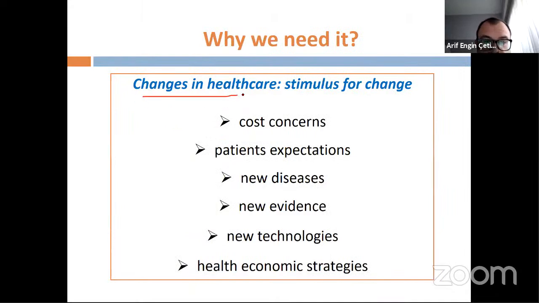So changes in the healthcare, maybe. These are the reasons that make us demand more POCT tests in the market, because there is a change in the healthcare system. For example, when you compare the current healthcare system to 20 years ago, 30 years ago, maybe 30 years ago there were more centralized hospital settings.